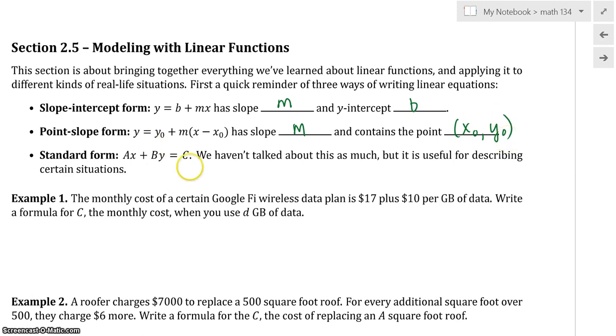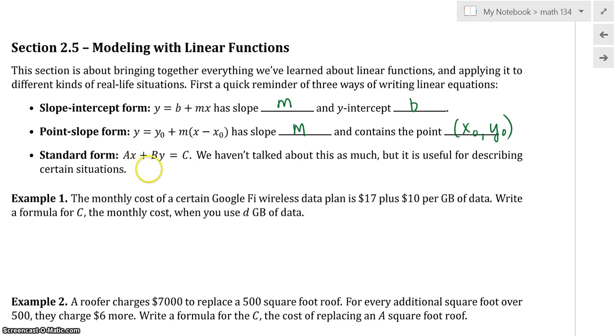And the last one is called standard form. We haven't talked much about this, a little bit in the last section, but we will see it a little bit more. It is useful, though, for describing situations. And what is standard form? Standard form is when you put the x and the y all on one side and the constant on the other. So like in the slope-intercept form here, if we move that x to this side, it would be in standard form.